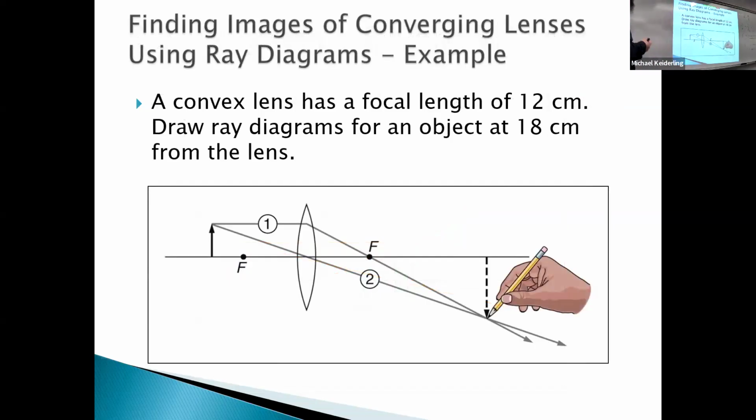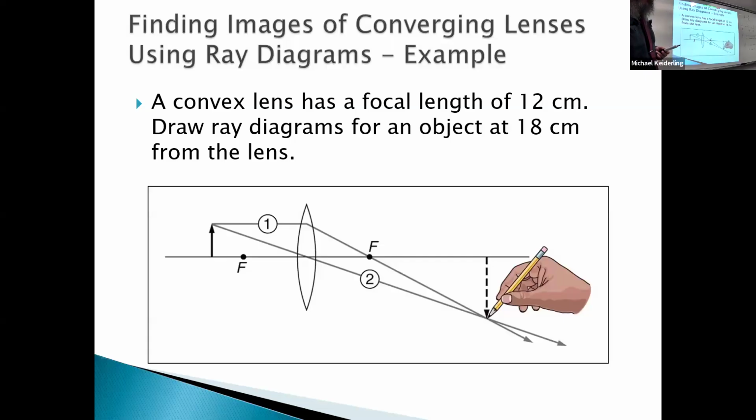So here we have a convex lens with a focal length of 12 centimeters. And we could draw ray diagrams for an object 18 centimeters from the lens. And you'll see you get a real image that is inverted. It's on the far side of the lens.